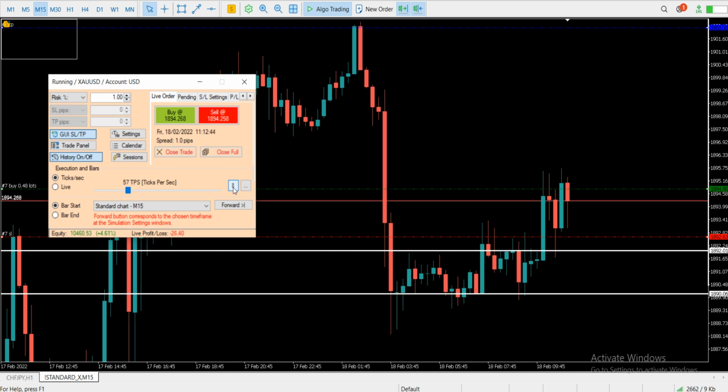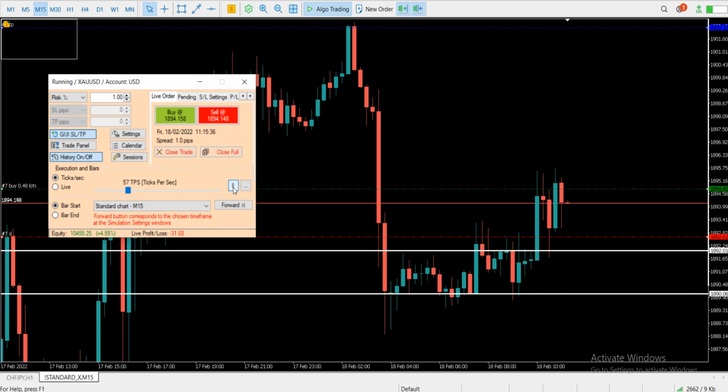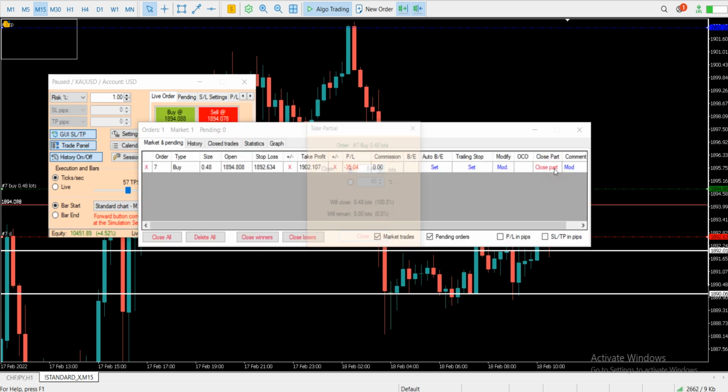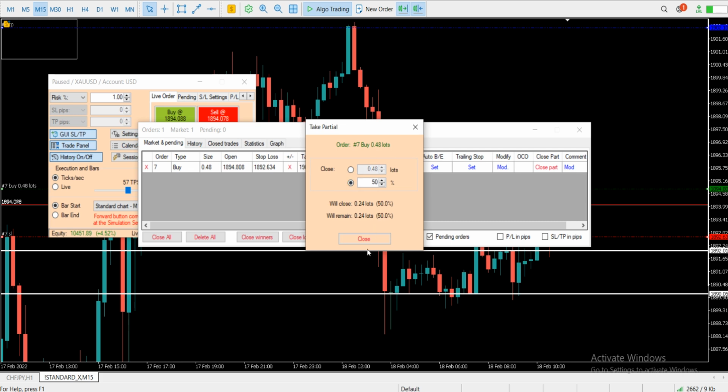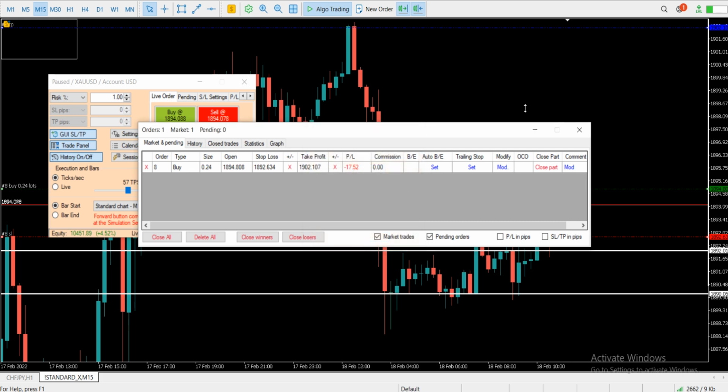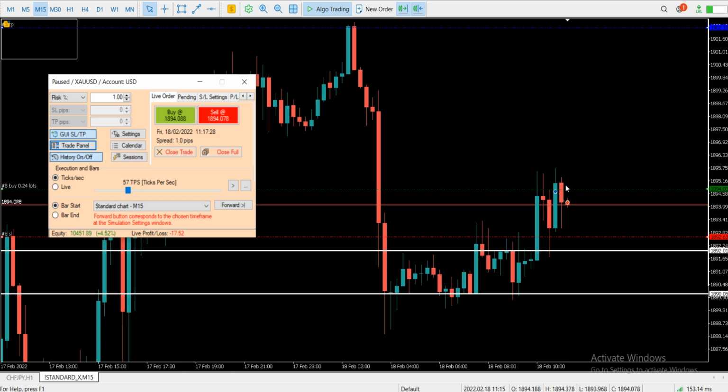Yeah, it seems okay until now, but you know, M15 closed bearish. Let's do one thing. Let's close 50% here because the candle closed against me. If right now this candle breaks the high right here, I will add my risk back. If not, then I don't want to lose full on this trade.